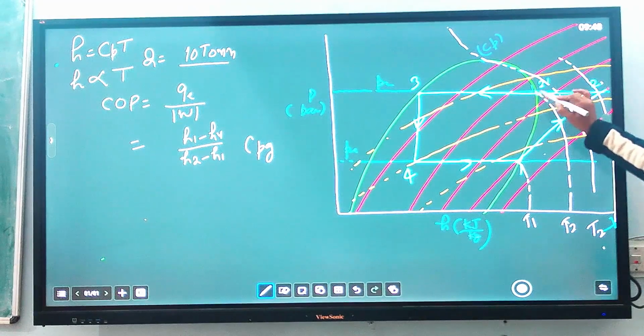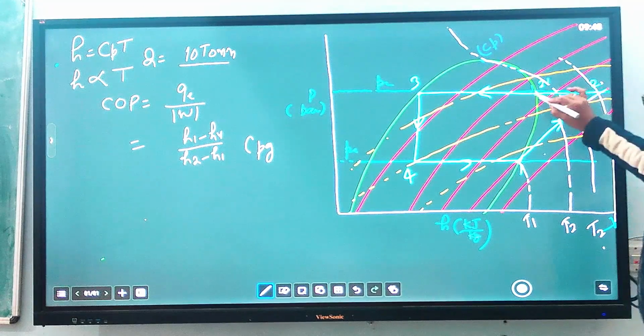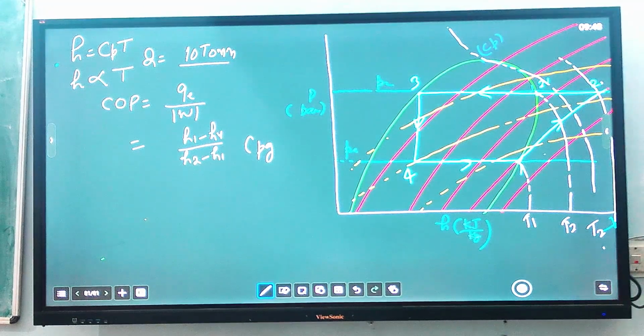So from 2 dash to this point, the specific heat of the refrigerant will be given in the question. You will always find this value given. So how will you get H2?